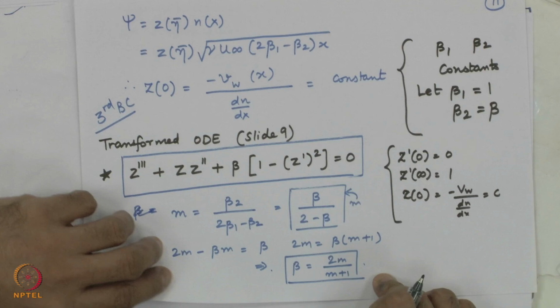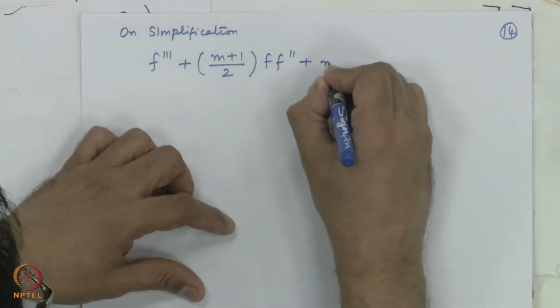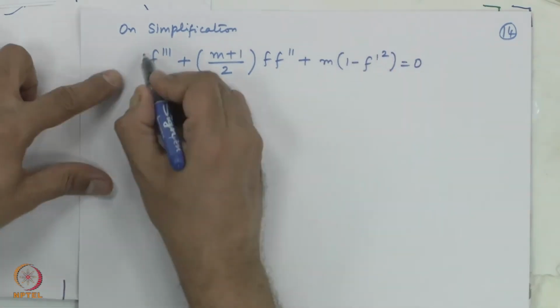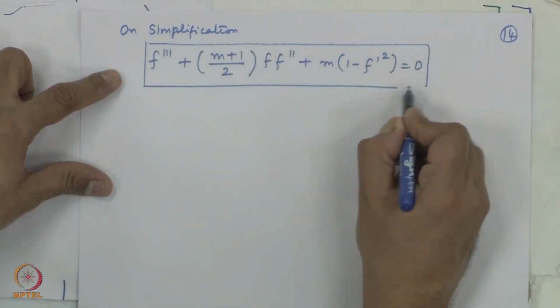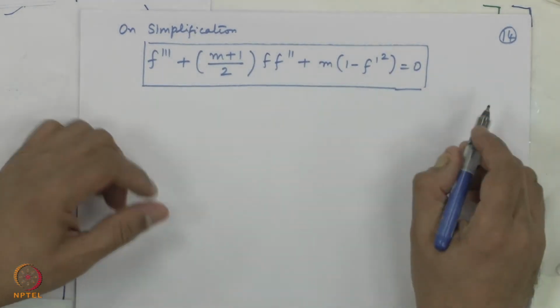You substitute for beta and simplify, you would get f triple prime plus f f double prime plus m into 1 minus f prime squared equal to 0, subject to 3 boundary conditions which are similar, except that now you would treat them with f.